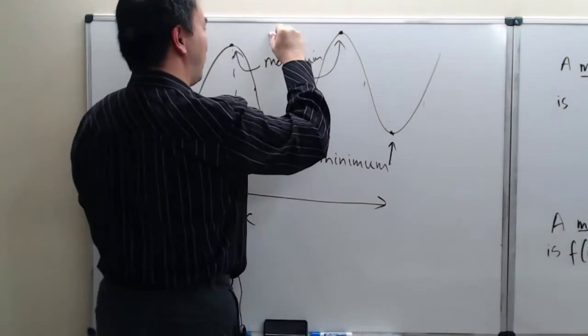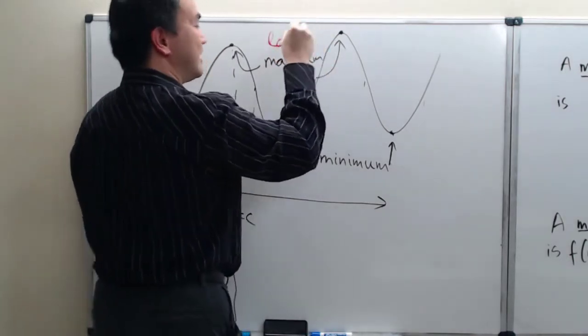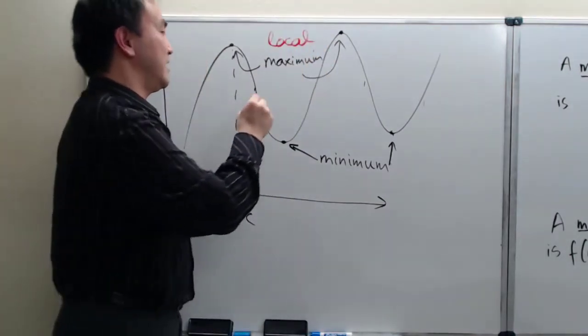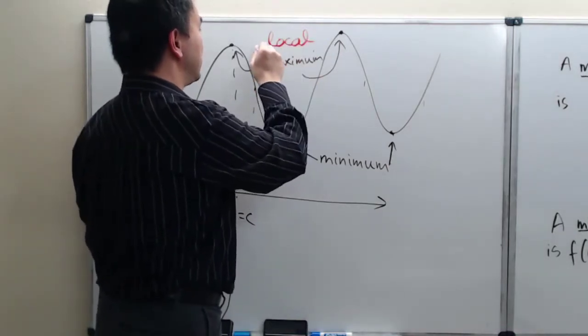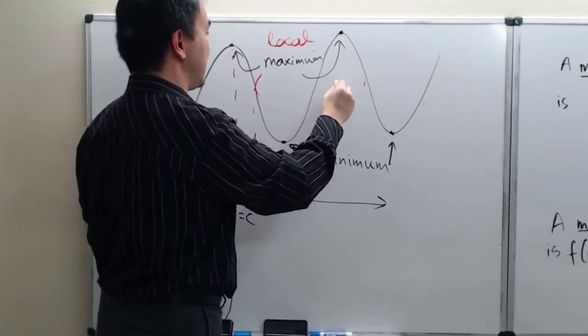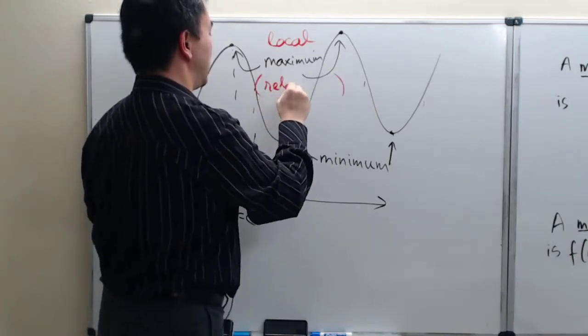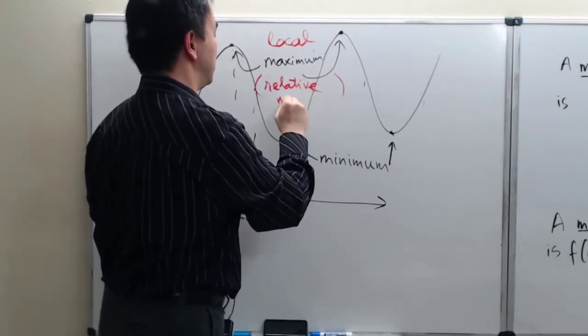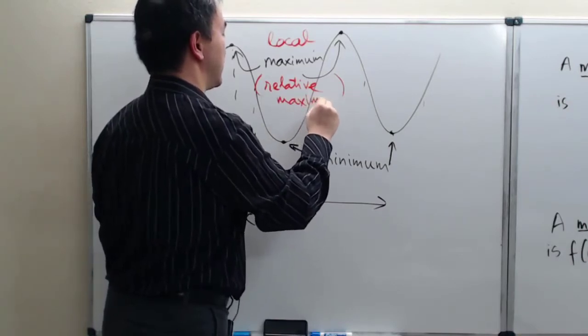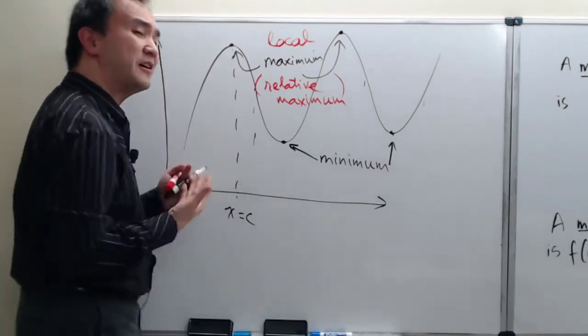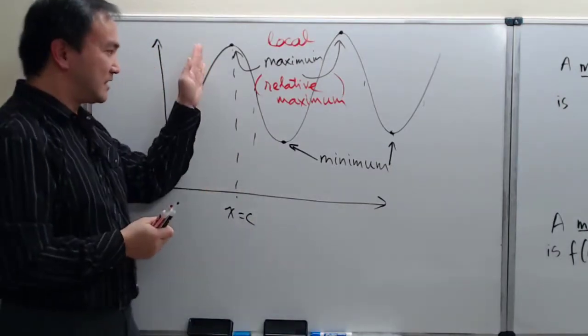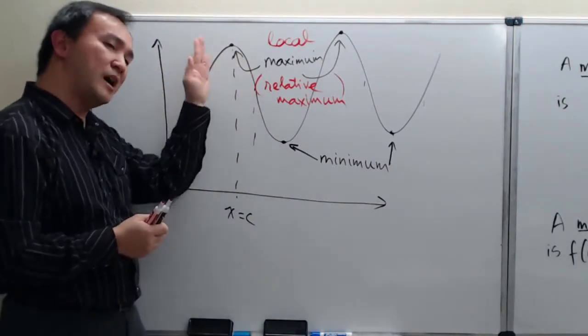So the formal term for that is a local maximum. Sometimes we can also refer to these as a relative maximum as well. It's the same meaning. So local maximum or relative maximum refers to the kind of maximum that is only true in a certain nearby interval around that point.